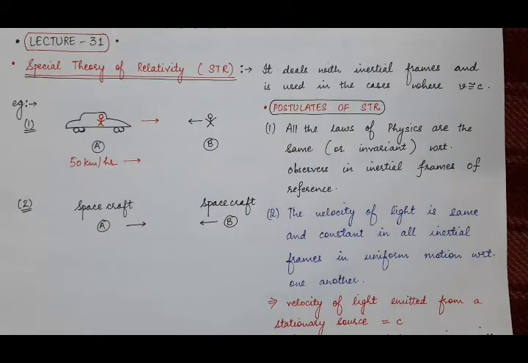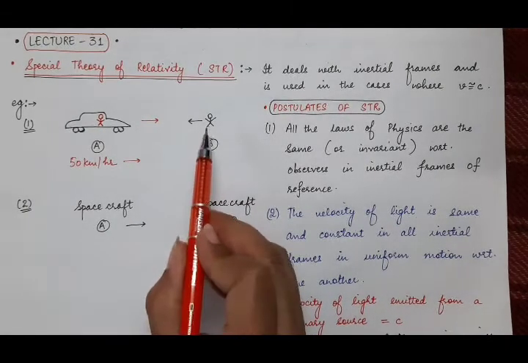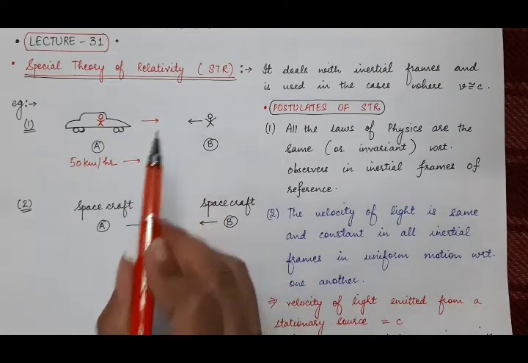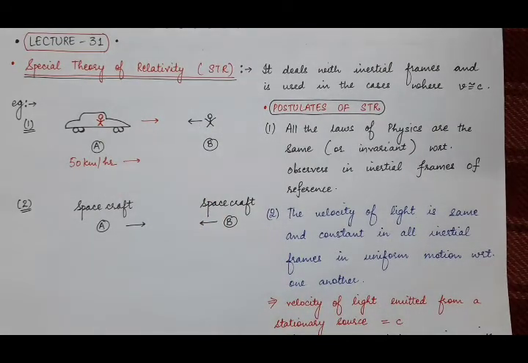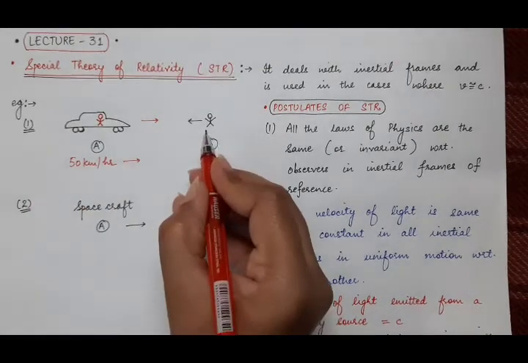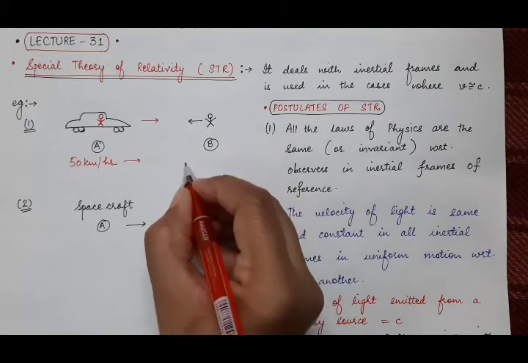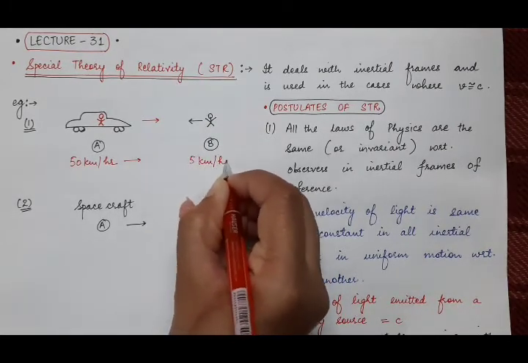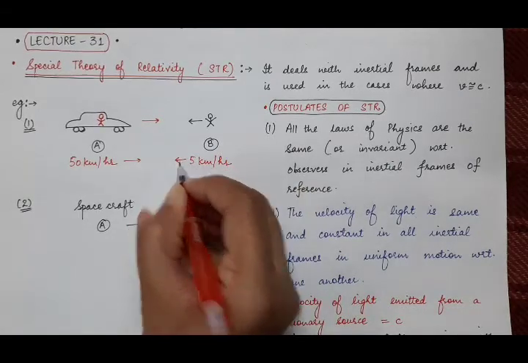At the same time, a person is walking on the side of the road towards the car, moving at a speed of 5 km per hour in this direction.